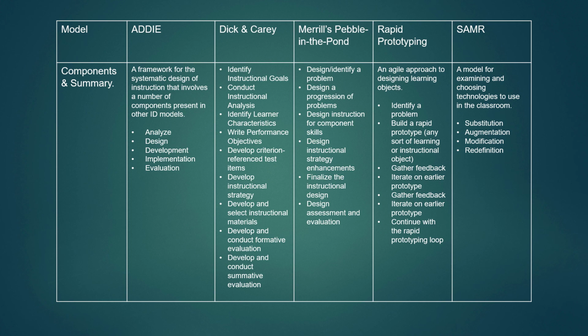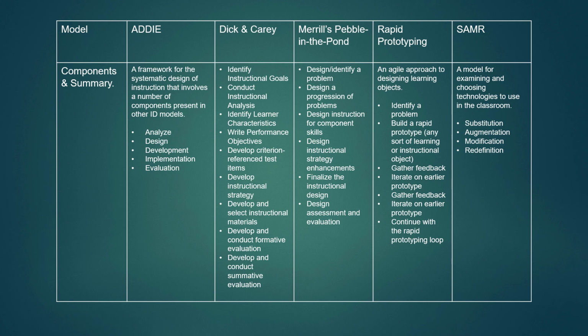The ADDIE model is a traditional design systems approach to producing instructional content. It is good for those new to instructional design as it has fairly clear sequential steps. Dick and Carey's systems approach model is in some ways a fleshed out version of ADDIE.